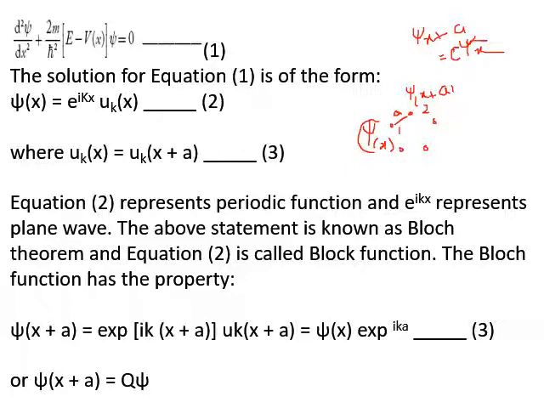Now our particle is moving from the second to the third. So in that condition, the total distance covered by the particle is again a. So here a, here also a. So the total distance covered by the particle is 2a. So now our function becomes psi(x + 2a), not only a, is equal to psi(x).